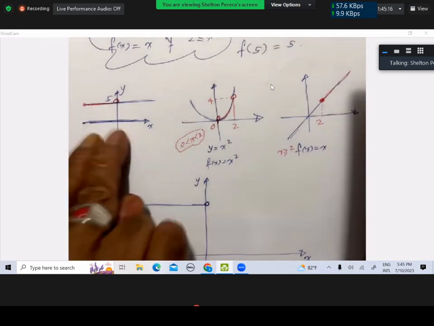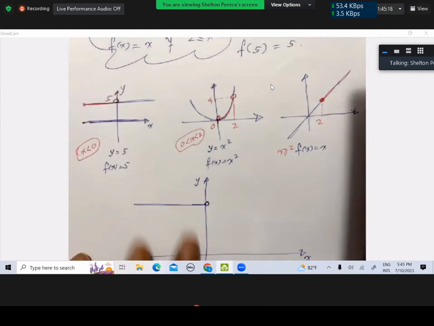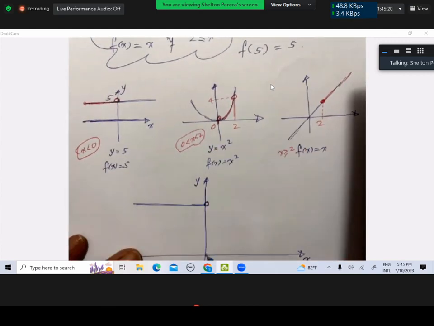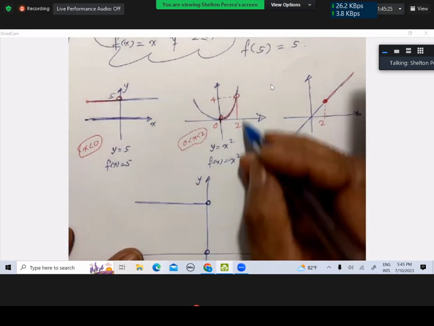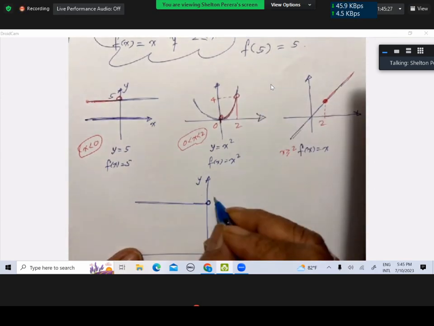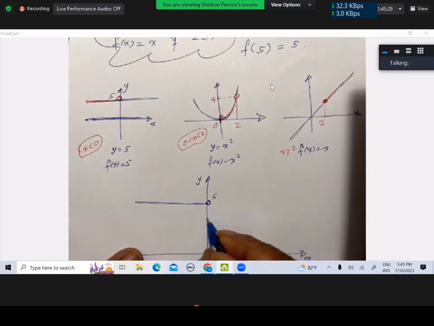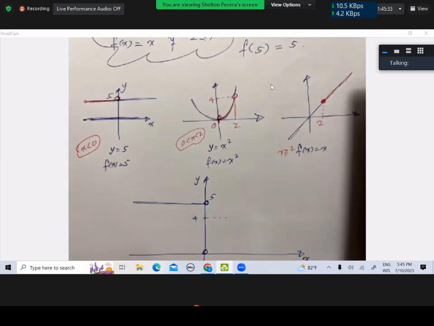That came from this. Cut and place it here. Then from 4 to what place? This is 5 now. 4 is somewhere here. 2.